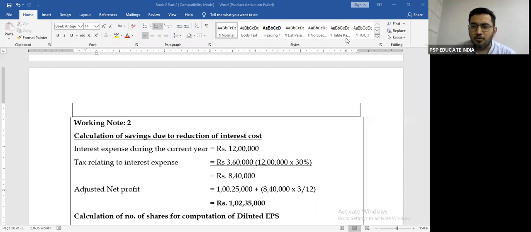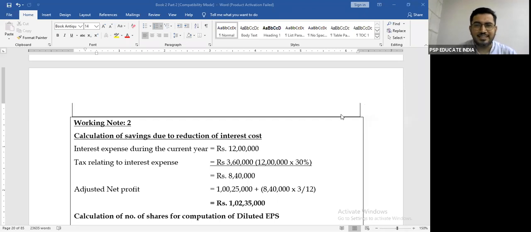Now if you look at your index, we are now left out only with two accounting standards, AS-10 and AS-22. And for the students who joined in late, I will be doing AS-9 for them as well.